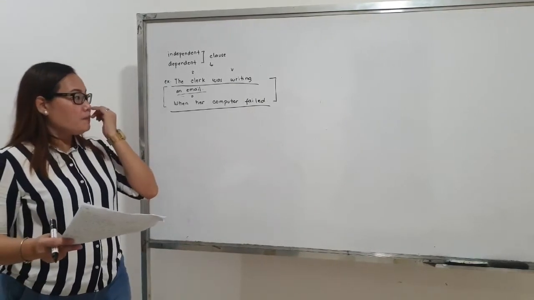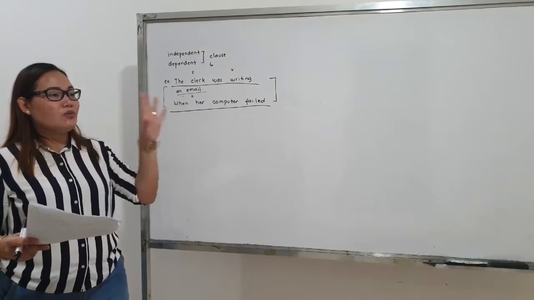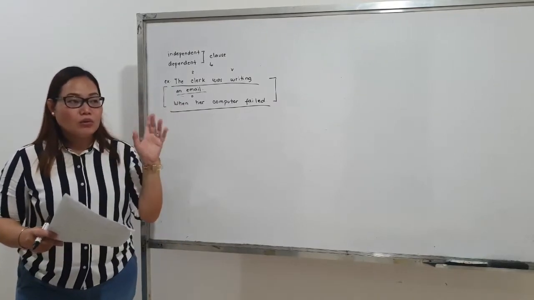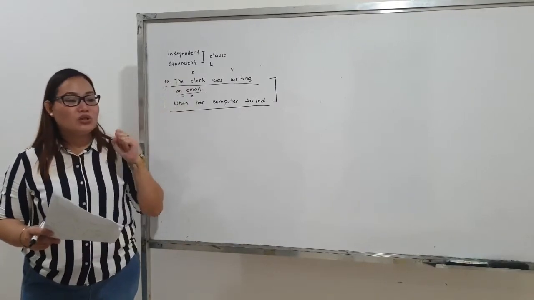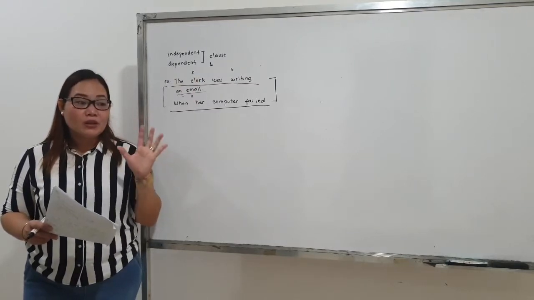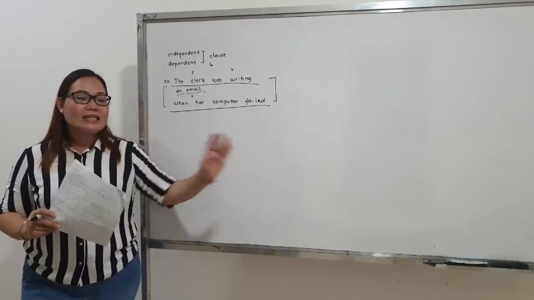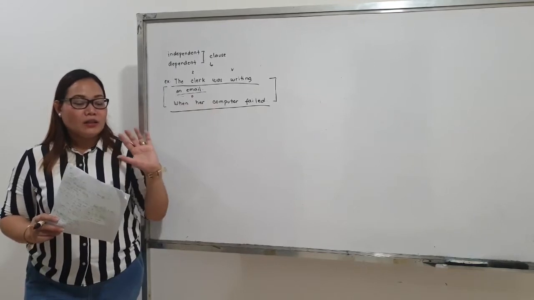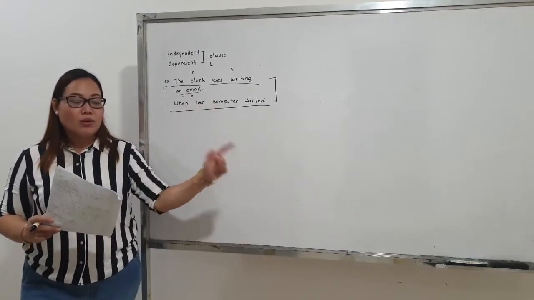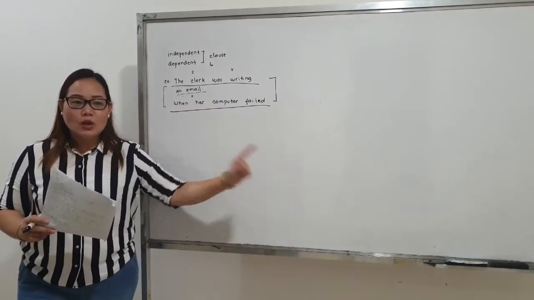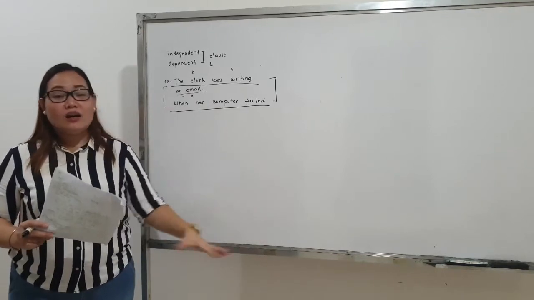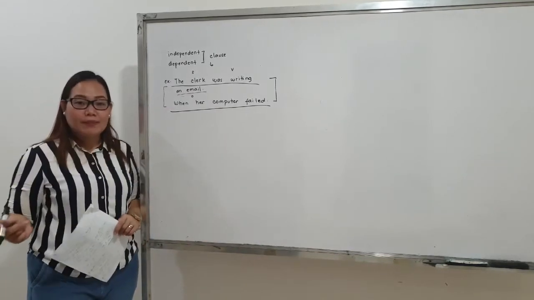The main reason we use a subordinating conjunction is to state what a certain situation was when another situation happened.